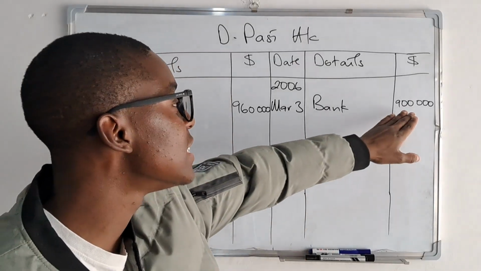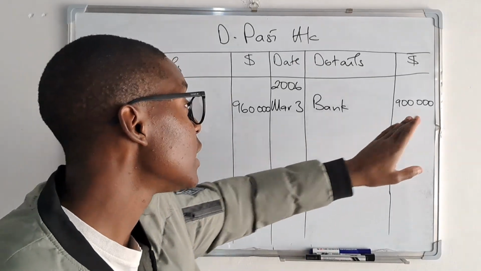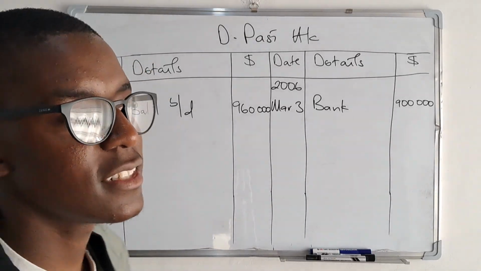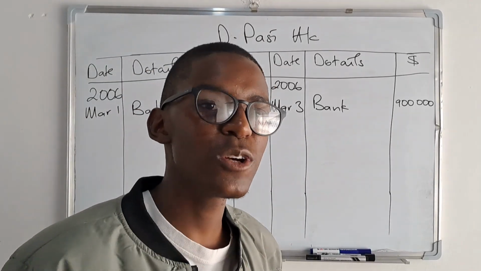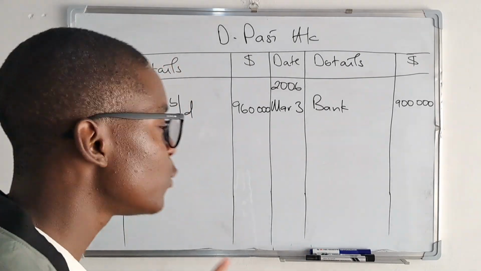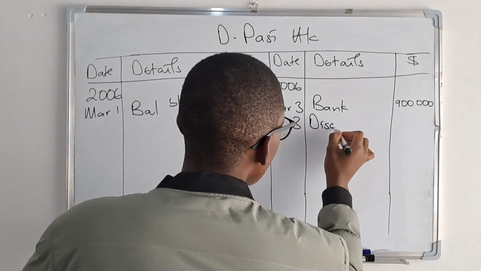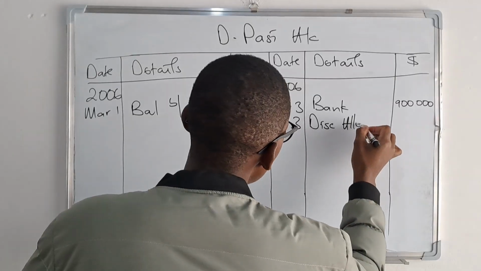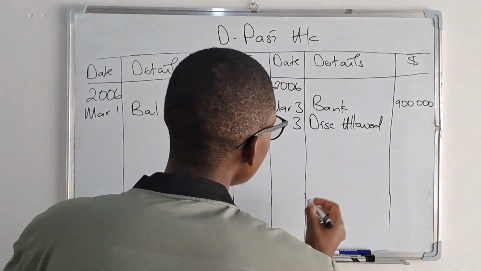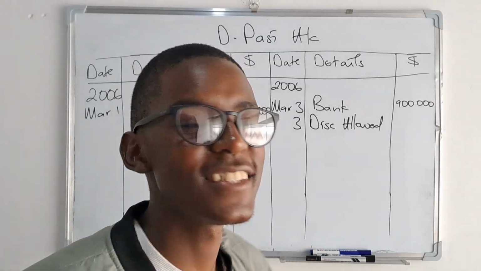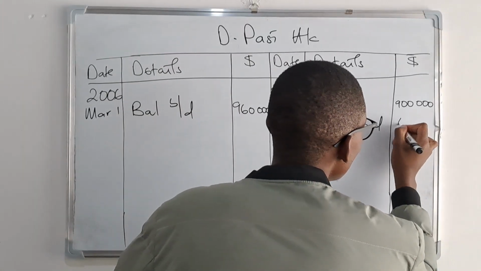It means he paid fully on this amount. If he paid $900,000 and the transaction says it is in full settlement, it tells us there was a discount allowed to D Parsi. In an examination, the examiner won't tell you that there was a discount of 60,000. You have to think for yourself.